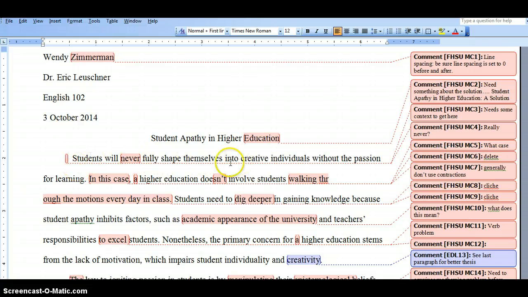And then as we looked at the first line, this is a kind of a dramatic line. Will never fully shape themselves into creative individuals, but at least for me as a reader, I felt dropped in. I'm not sure why you're telling me this. I'm not sure what it means. It's a convention to start off with the conversation according to, or since Mark Edmondson's fairly well known.